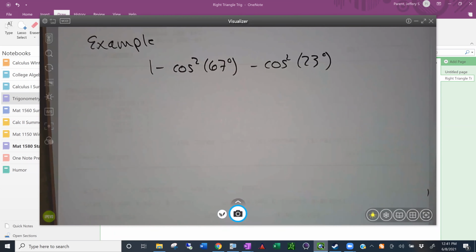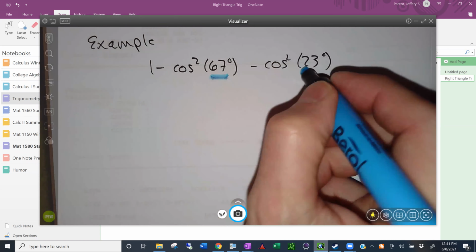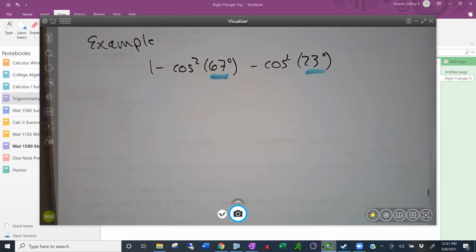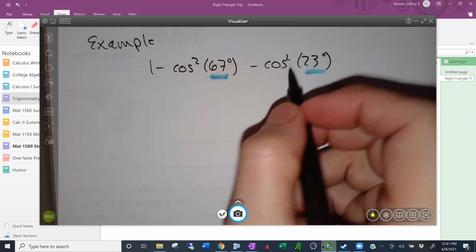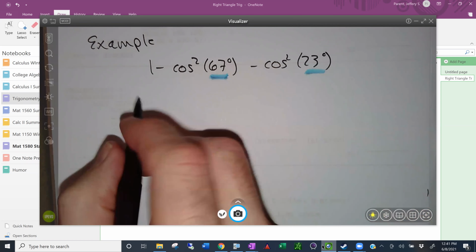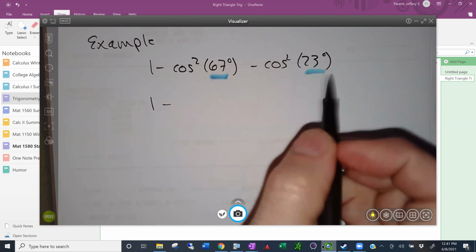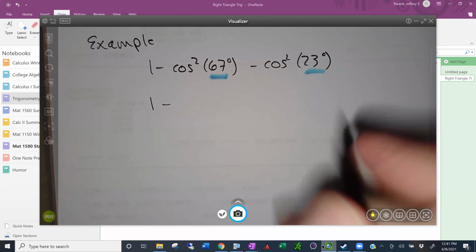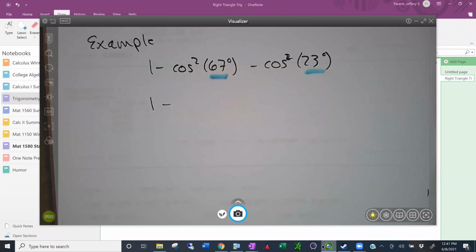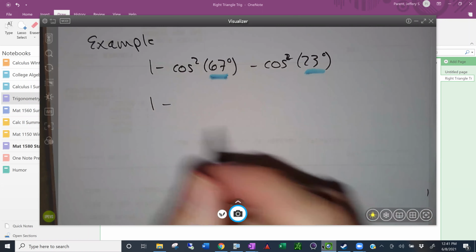Again, you should be seeing that you've got angles that are complementary. This one and this one add up to 90 degrees. I'm going to change one of these. Which one do you want me to change? Doesn't matter. Change to 67, sure.